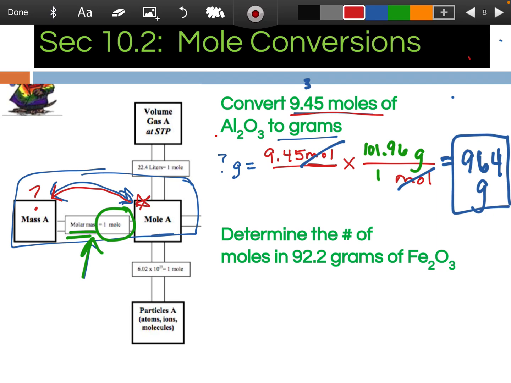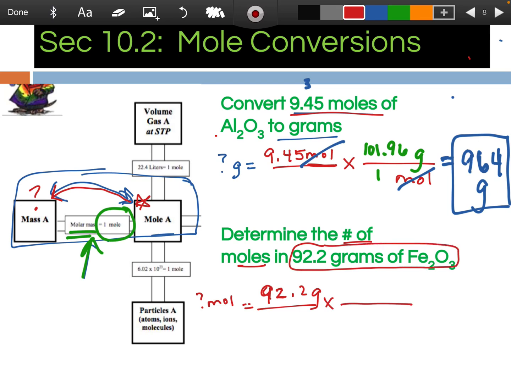All right, so for the second example, we want to determine the number of moles. So we have question mark moles is equal to, and we know that we have 92.2 grams of Fe2O3. So I'm going to start with whatever number the problem gives us.